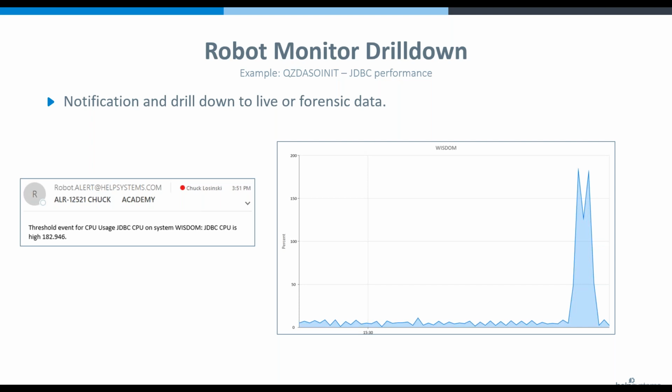It says here we've hit 182%, and as you can see in the graph from Robot Monitor, when that peak happened, and in this case when it ended, but maybe when you got notified, it's still active. All right, so you have the ability basically to double click on the peak to drill down into the exact workload that's causing that JDBC spike. Tom, let's go to the next slide.